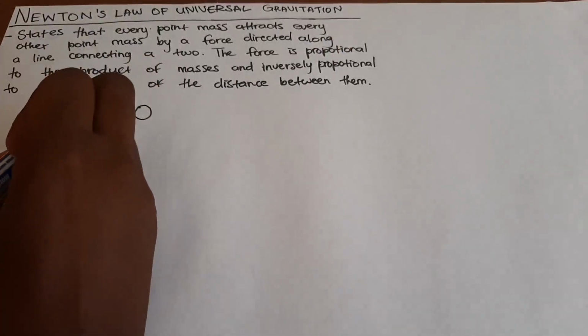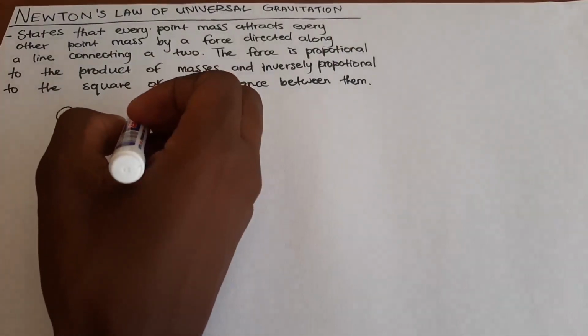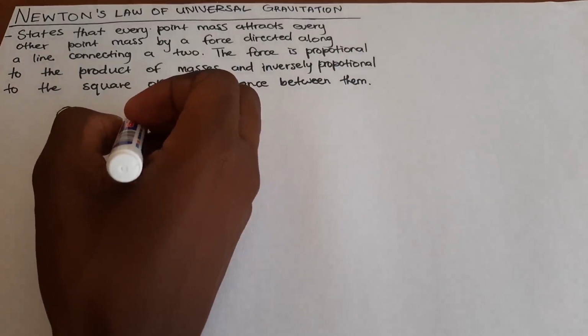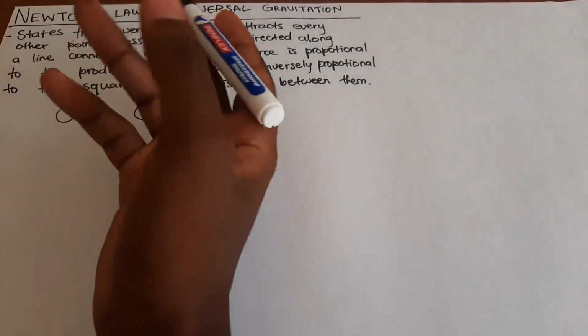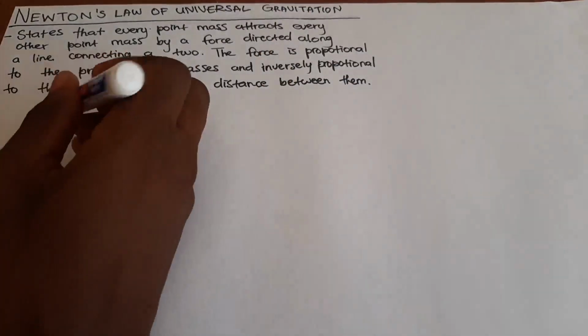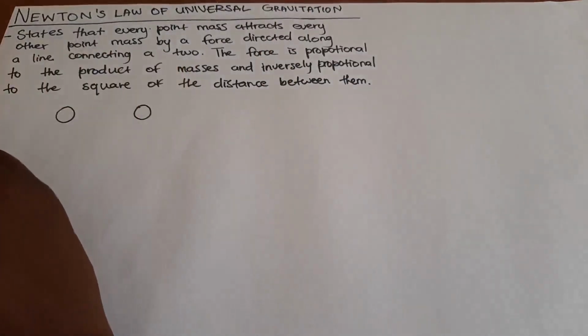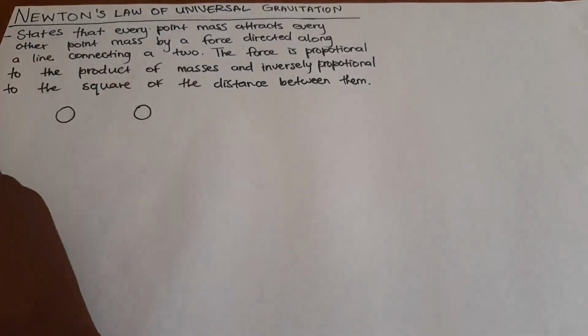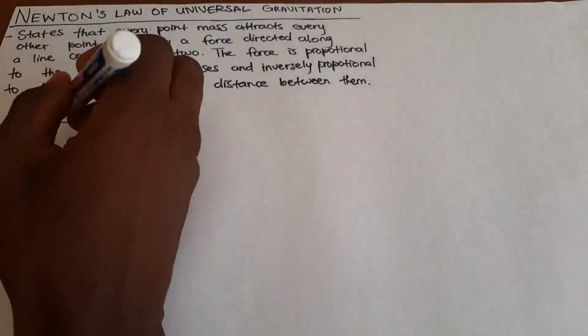This object is attracting this object, so they attract each other by a certain amount of force along a line connecting the two, or between them.